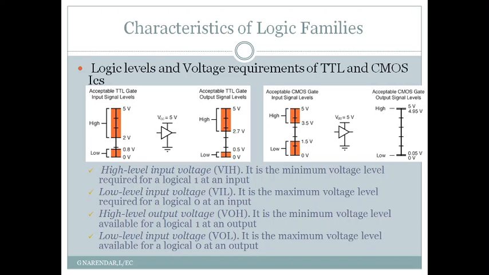So this is the case of an ideal world, where if it is a logic 1 input or logic 1 output, the voltage is perfectly 5 volts, and if it is a logic 0, the voltage is perfectly 0 volt.